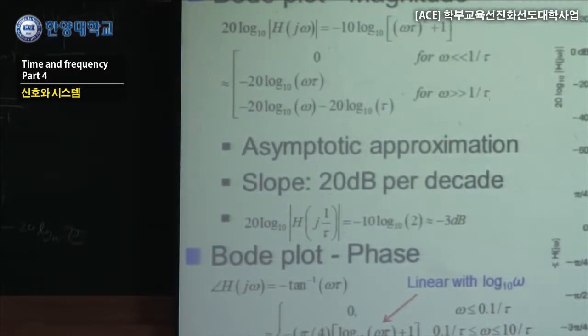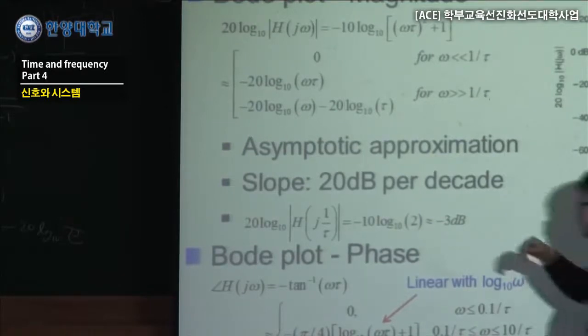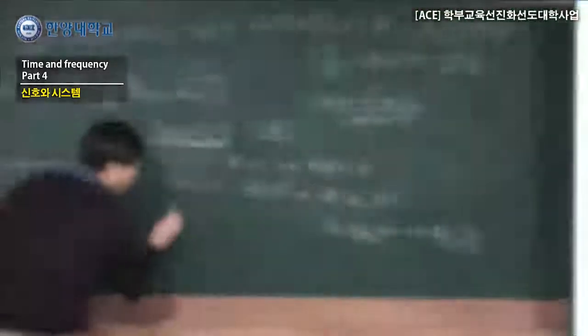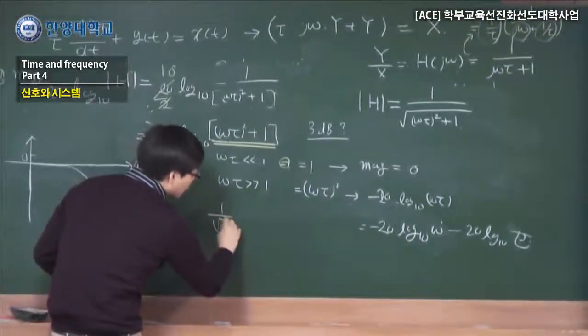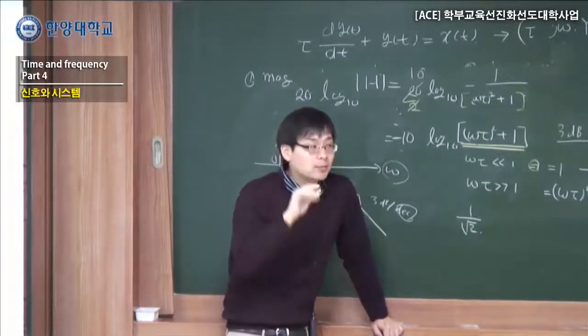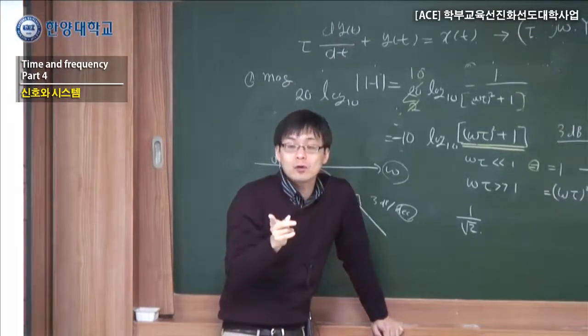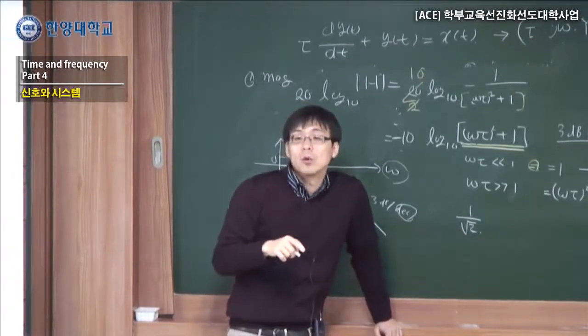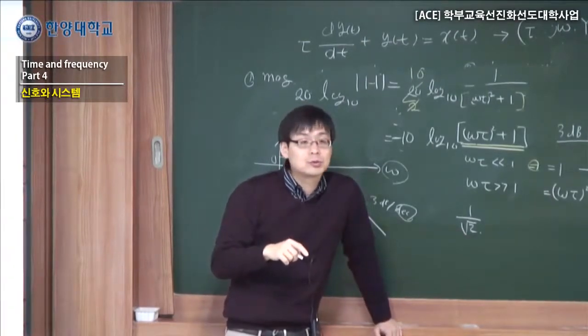However, what we talk about here is why we talk about 3 dB. 3 dB comes from the fact that we always talk about root 2. Say that the peak value is 1. We try to find the point where it reaches 1 divided by root 2.